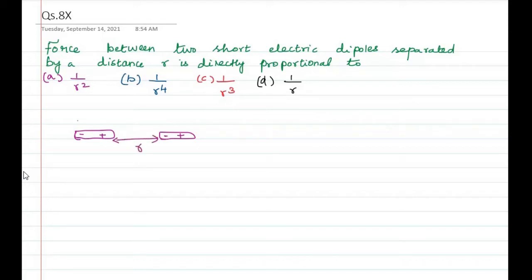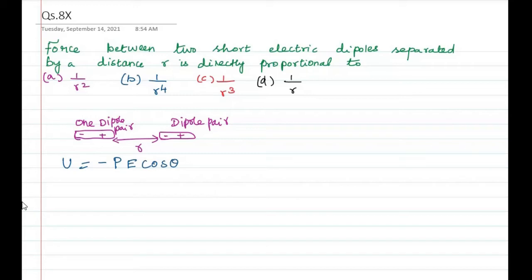This is one dipole pair and this is another dipole pair. So both are separated by a distance of r. Okay, this is what is given. So we know that potential energy of the dipole is given by U is equal to minus PE cos theta.